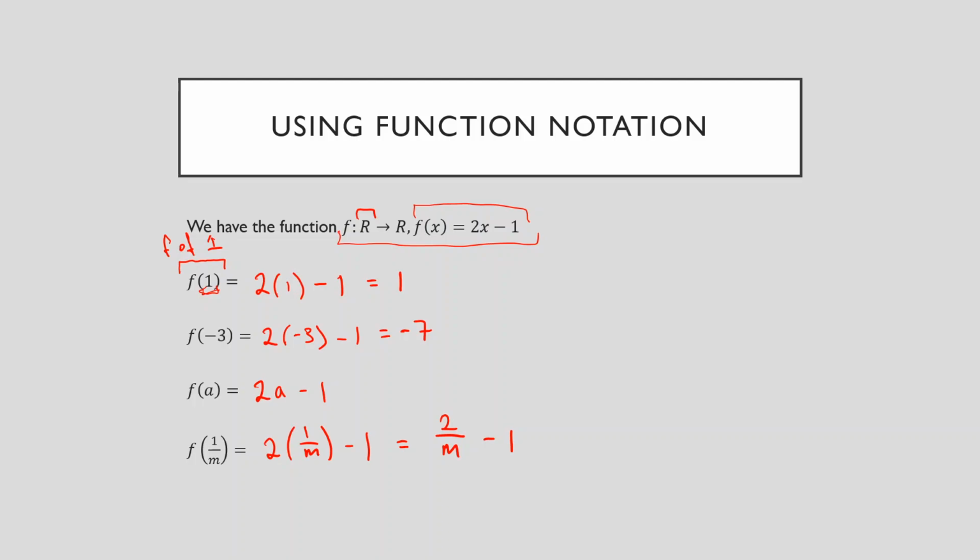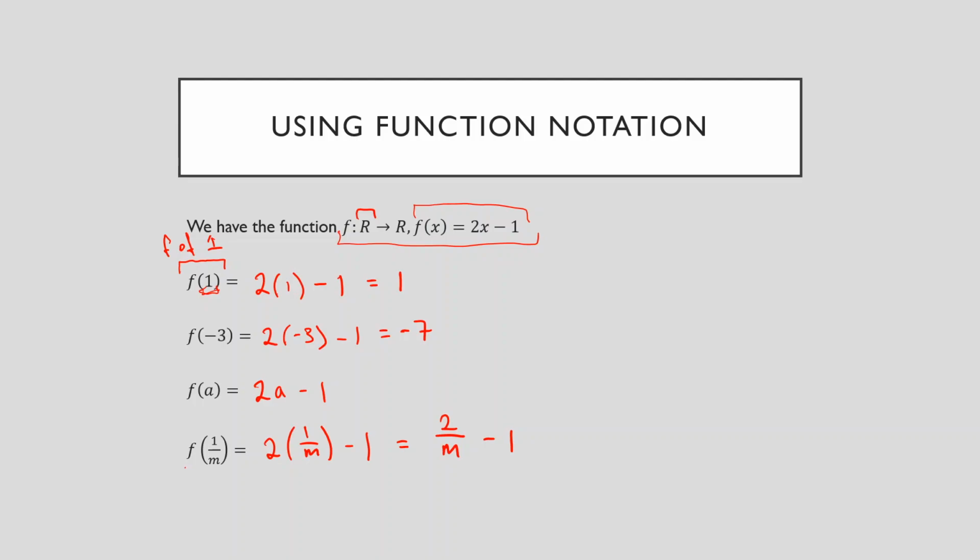At this point, you've got to stop. So you can say that the value of the function at 1 over m is equal to 2 over m minus 1. And you've sort of provided here that m is not 0. That's a condition that you have to place on m. m is not allowed to be 0 here, otherwise it just doesn't make any sense.